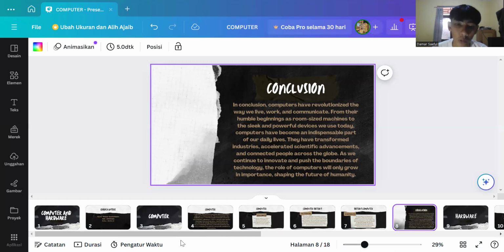Next, conclusion of the computer. In conclusion, computers have revolutionized the way we live, work, and communicate. From their humble beginnings as room-sized machines to the sleek and powerful devices we use today, computers have become an indispensable part of daily life.